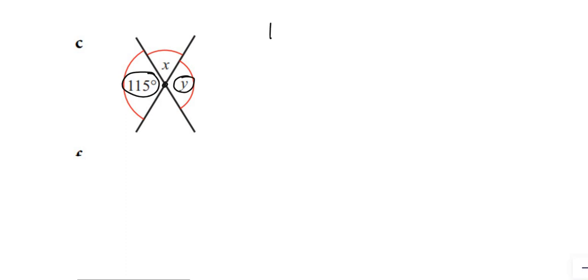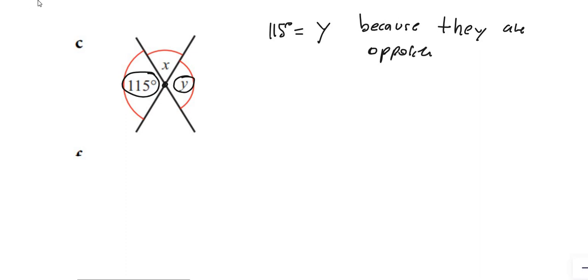Yes, you can say 115 equals y because you have to give a reason for your statement: because they are vertically opposite angles.